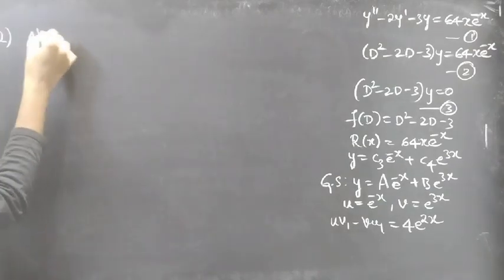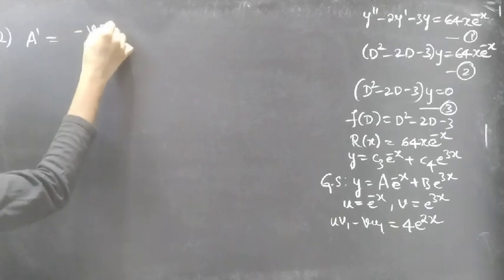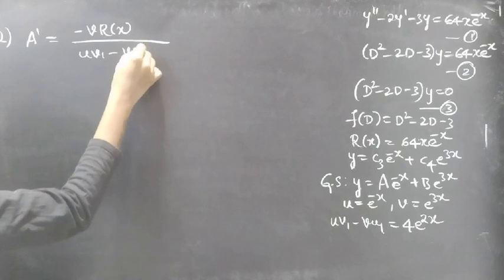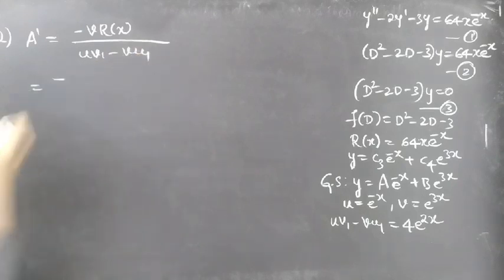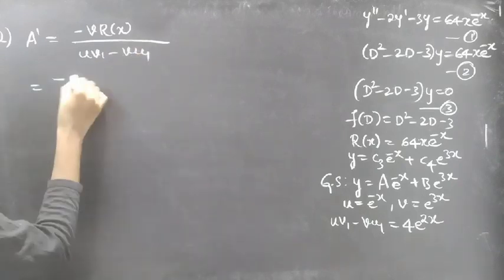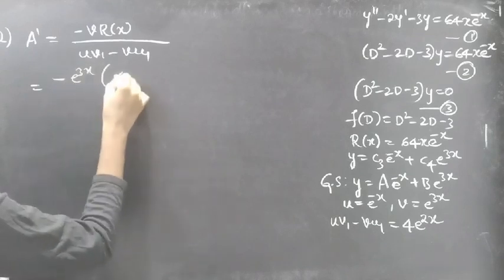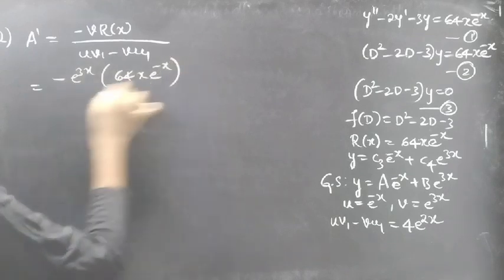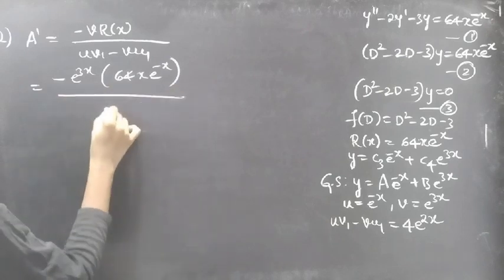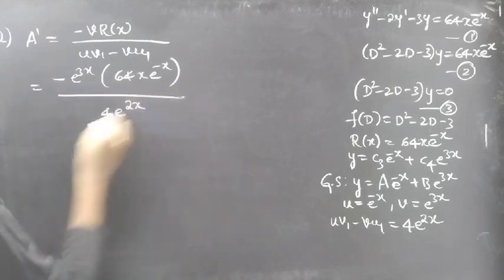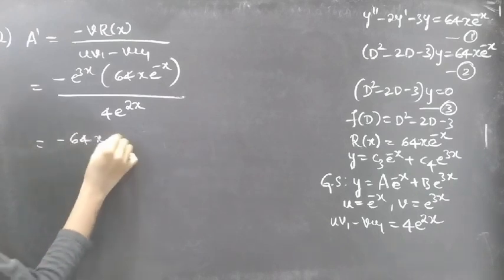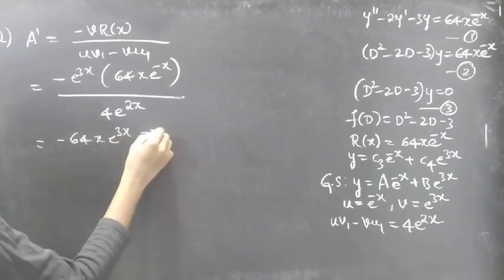Now coming to a dash, which is given by minus v into r of x by u v1 minus u1 v. That equals minus e power 3x into r of x, 64x e power minus x, by 4 e power 2x. This equals minus 64x e power 3x into e power minus x.